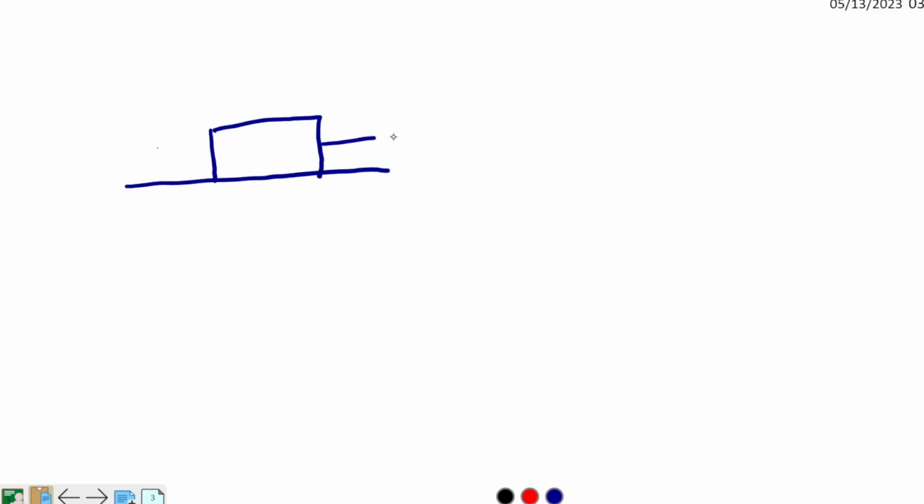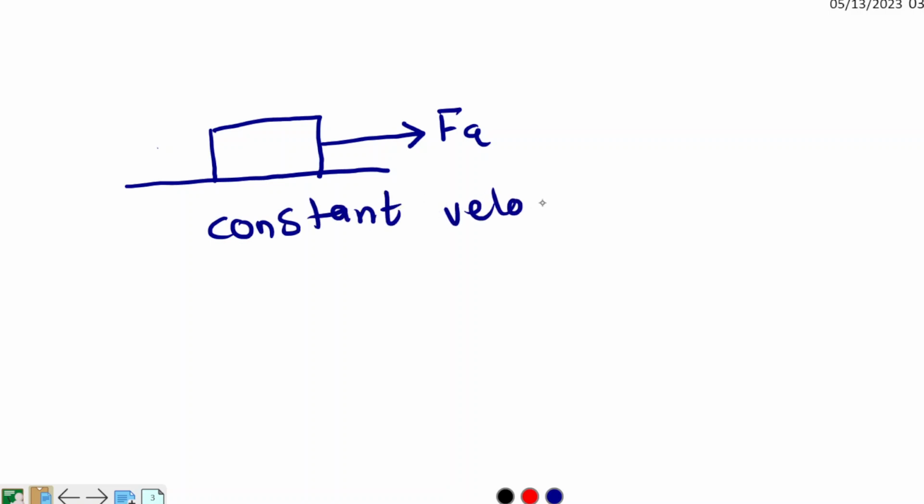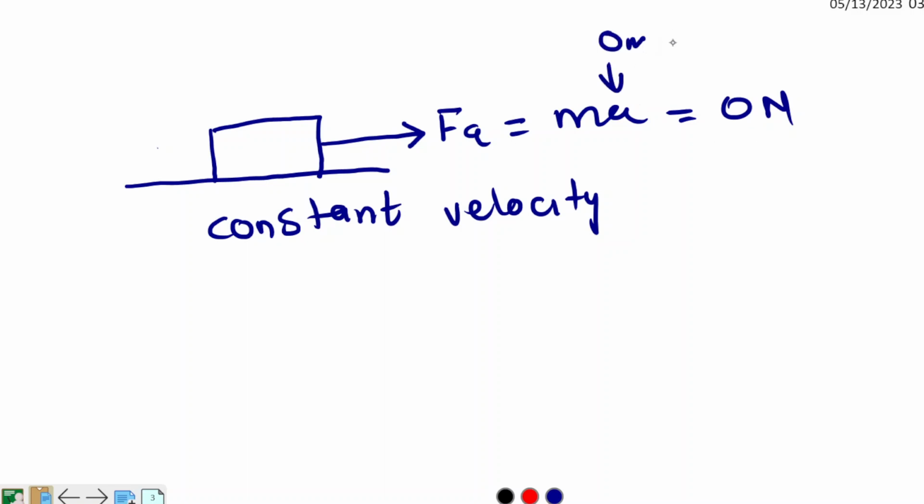So if you have an object that is being pulled by an applied force, let's say to the right, and the block is moving at a constant velocity, the acceleration, we know, is always 0.